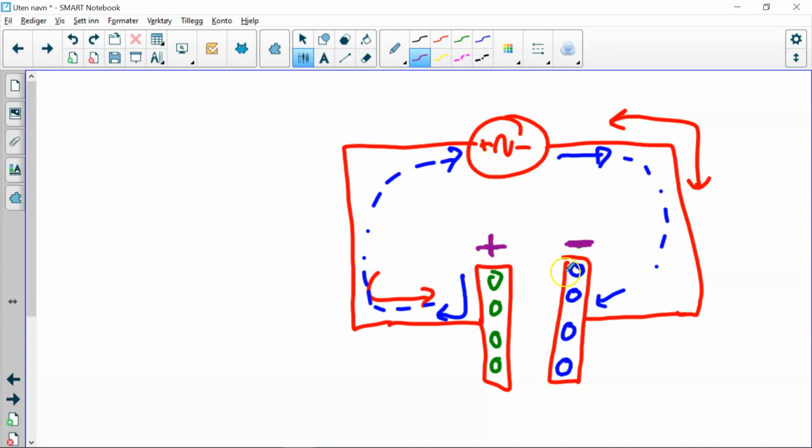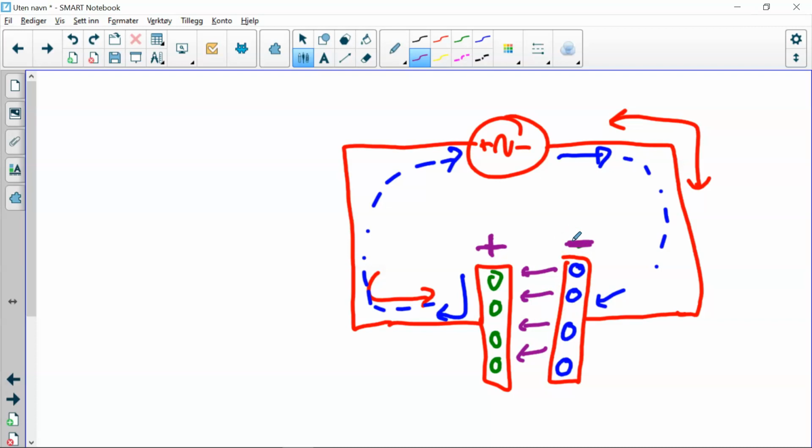What makes the electrons on one side chase away the ones on the other side is that you have an electric field across the gap between the capacitor plates. If the plates touch, you will have a normal current flowing, but now you have a current that is driven by the electrical field.